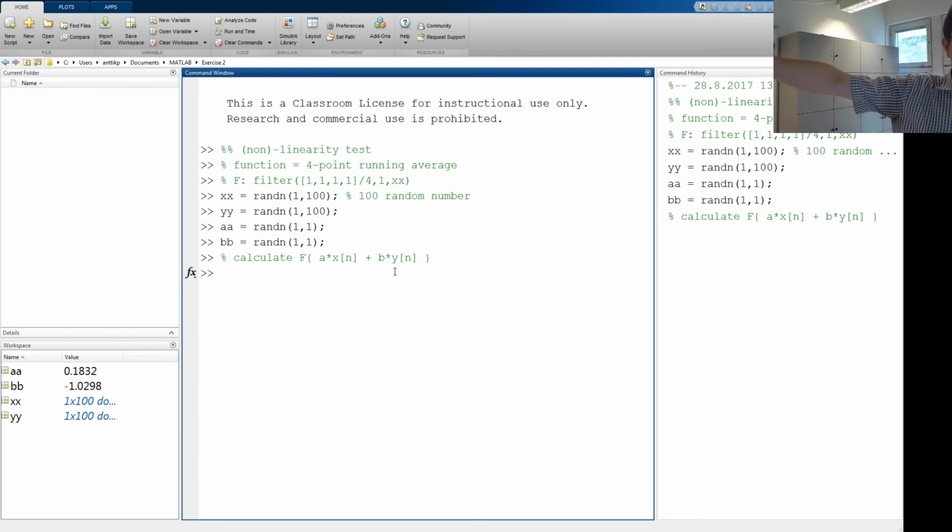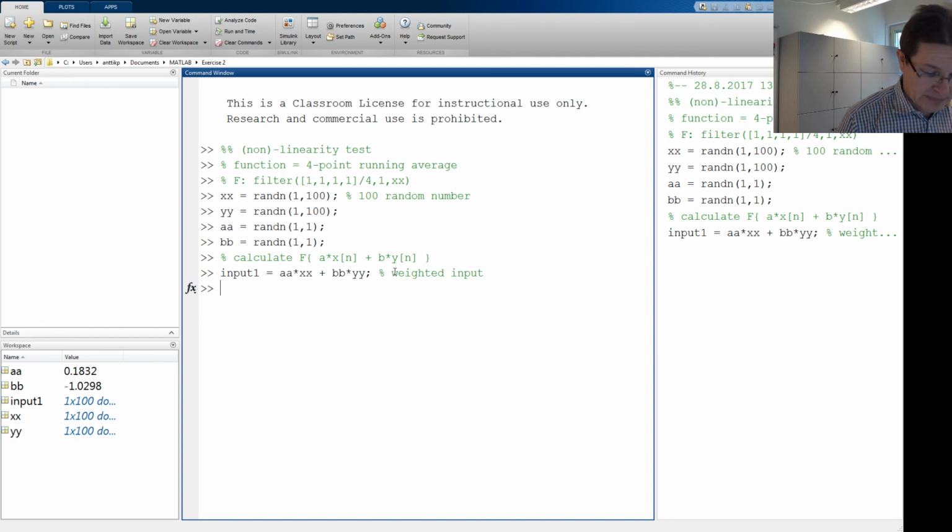We calculate first the sum: input 1 is simply A times XX plus B times YY. That's the weighted input.